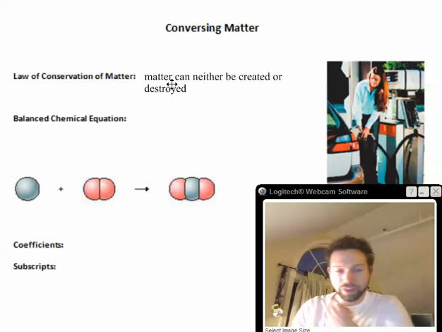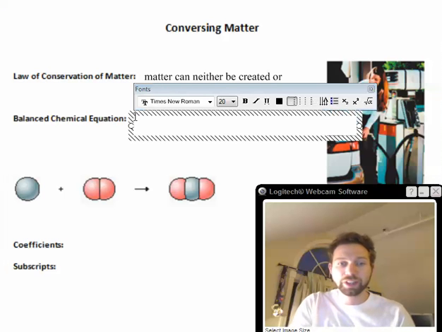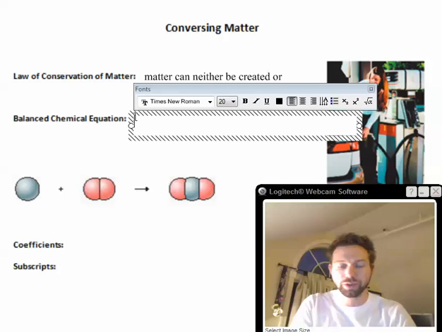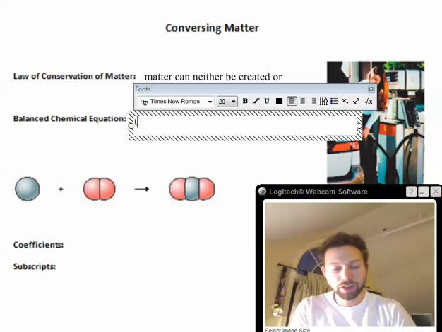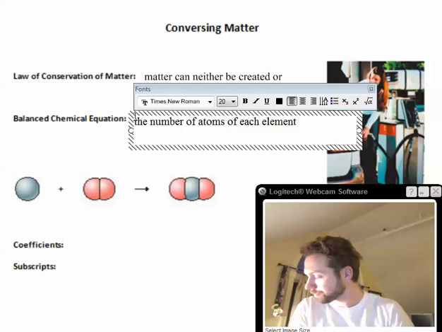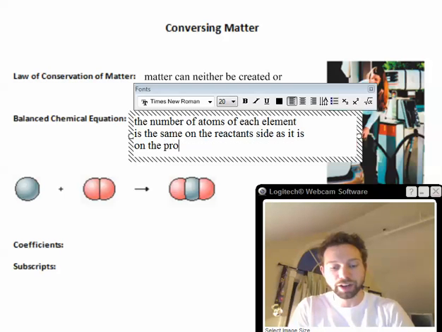What this means is that when we're talking about an equation, a reaction, particularly chemically changing something from one molecule to a completely different molecule, we're talking about the fact that the number of atoms of each element is the same on the reactant side as it is on the product side.